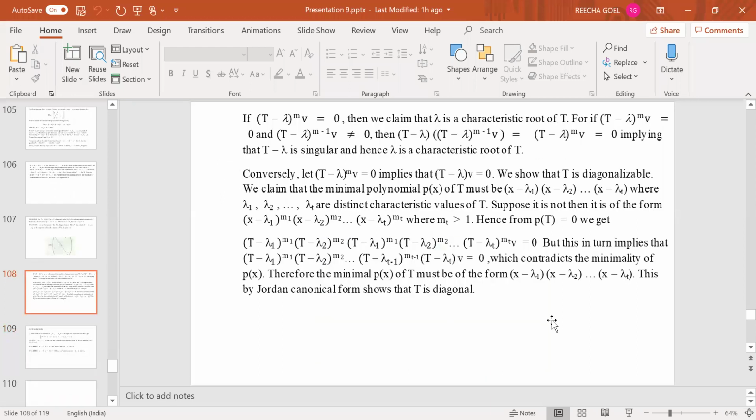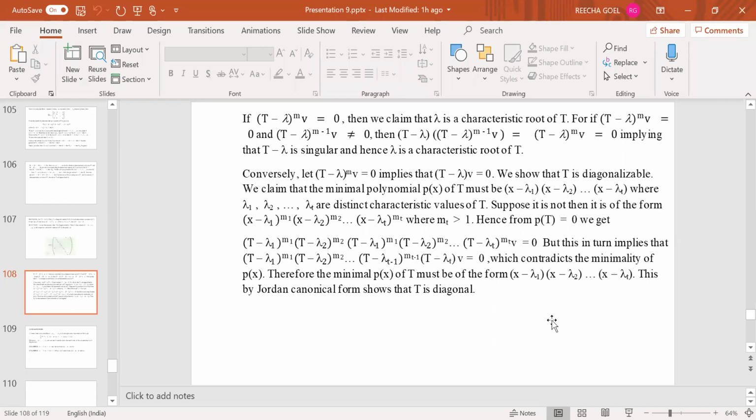Now, if (T minus lambda) raised to the power m of v equals 0 is true for all m, then in particular it is also going to be true for T minus lambda. So let us assume that for some m, (T minus lambda) raised to the power m of v equals 0 and (T minus lambda) raised to the power m minus 1 of v is non-zero.